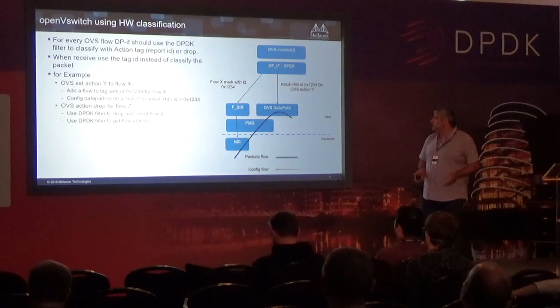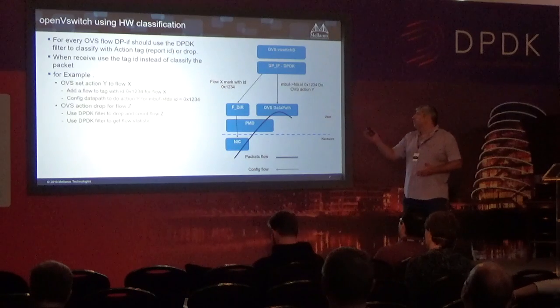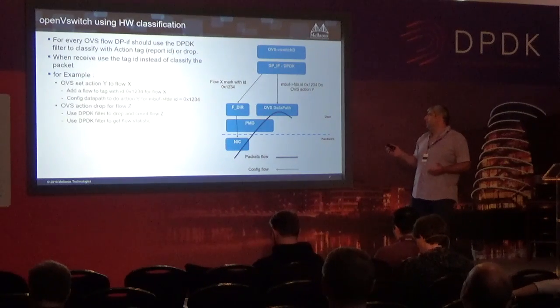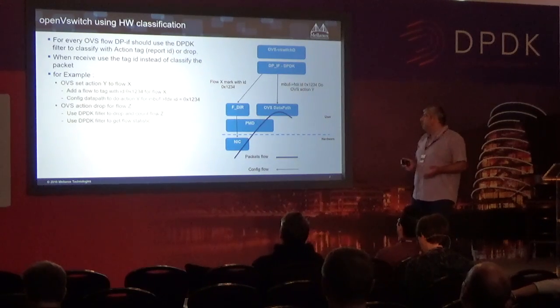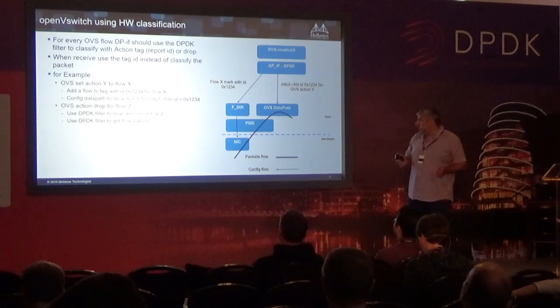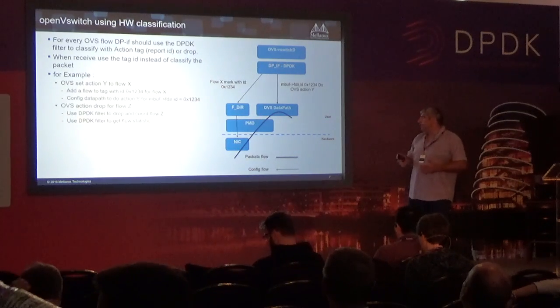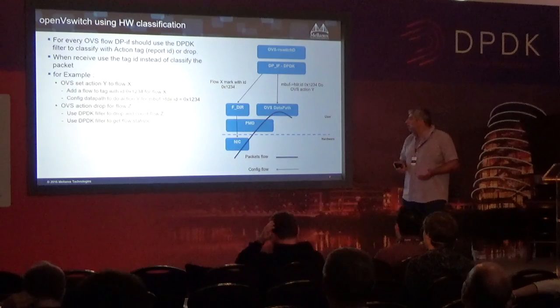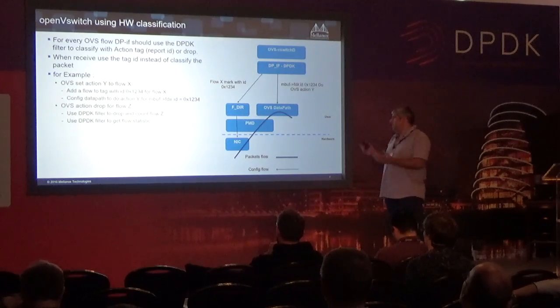So what we are suggesting is to use the flow classification. For every OVS rule that comes through the data path that has a classification X and an action Y that we want to do for it, we add a classification to the hardware with a number like 1, 2, 3, 4 for flow X, and configure the software data path not to do the parsing.